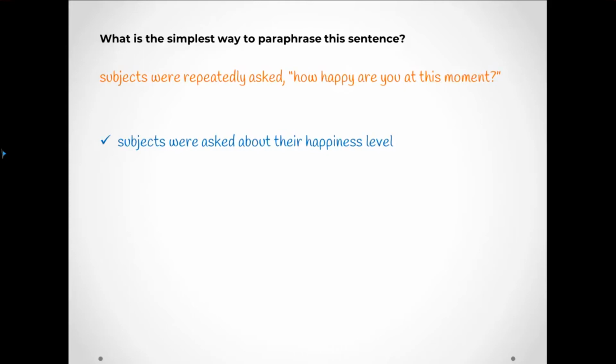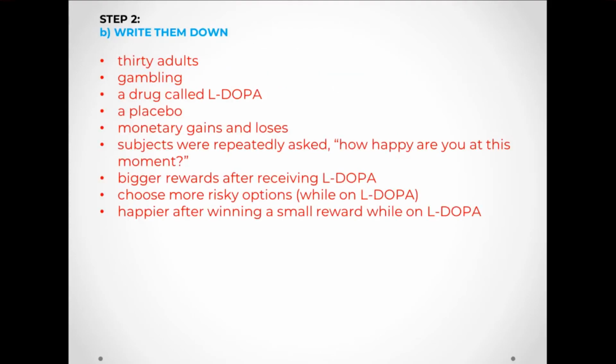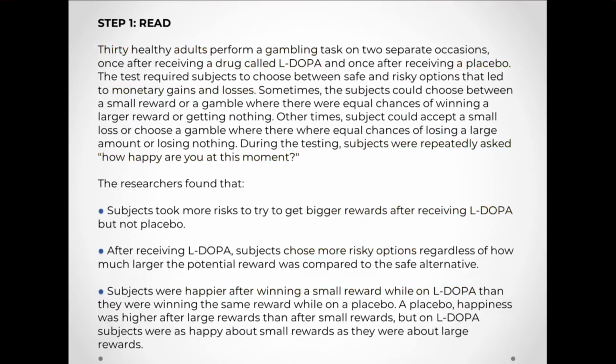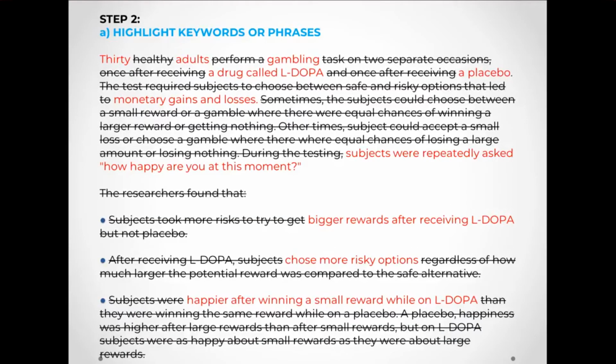Let me go back in my presentation. Yeah, we had this text, if you can see my screen. The first step was to just read and understand what the text is about. The second step is to highlight keywords, words that are important, words like nouns, adjectives and verbs, and phrases that are important.